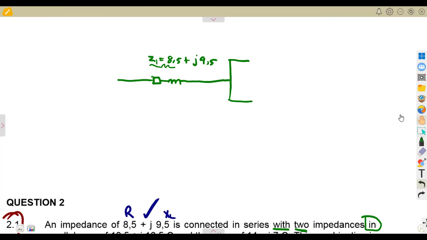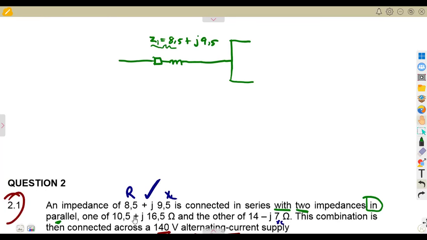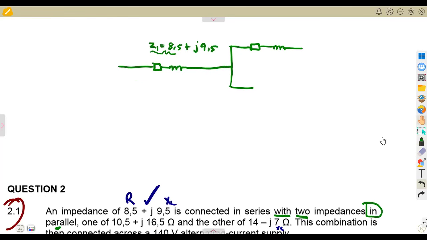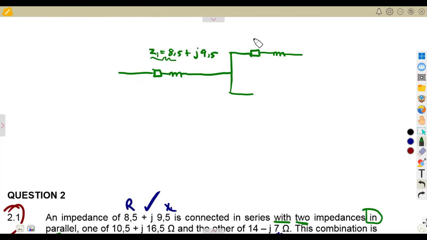The first one, 10,5 plus, there is a resistor and an inductor, but you can just write it as Z2. So the whole of this part is our Z2, which is a combination. That is 10,5 plus j16,5.